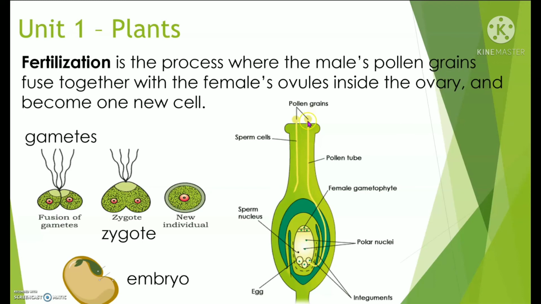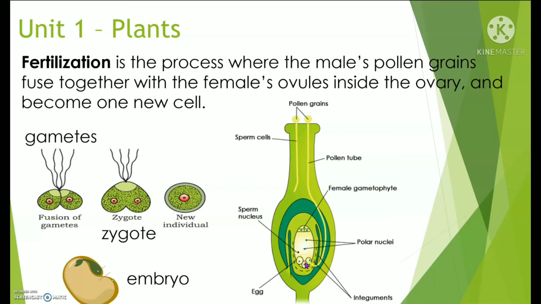So for that to happen, it will go down the pollen tube, which is produced by the pollen grain. Okay? So going down, the male gamete is going down and reaching for the female gamete, or the ovary. So it reaches the egg, okay, or the female gamete.